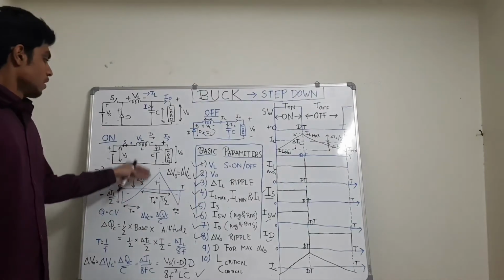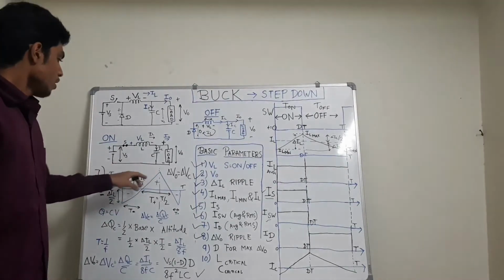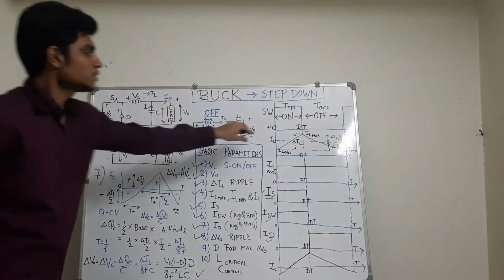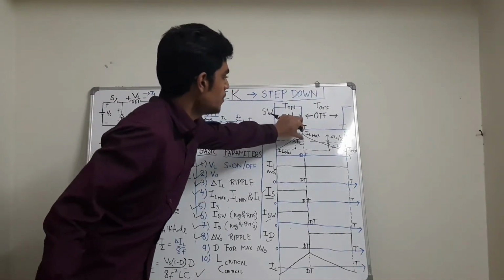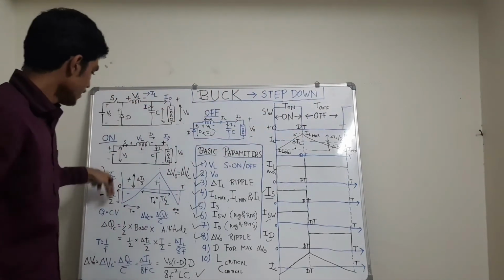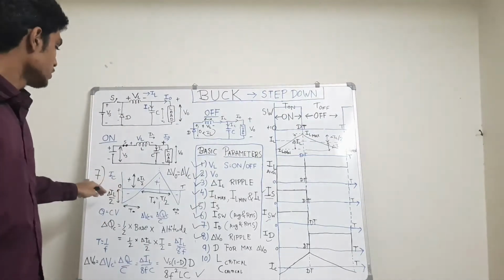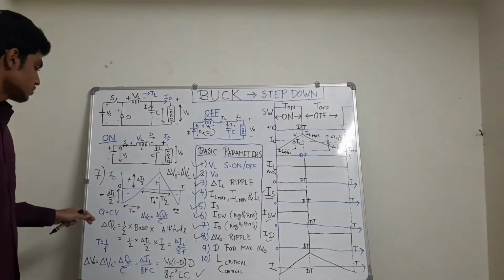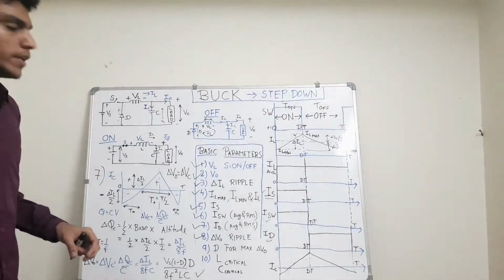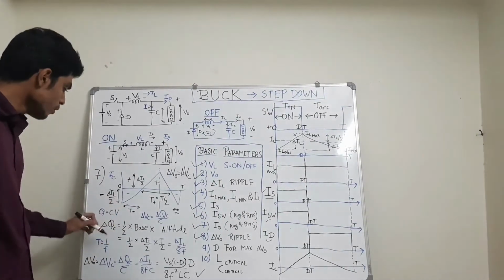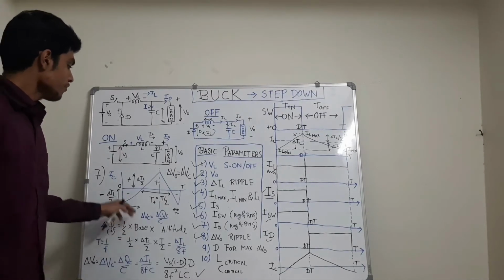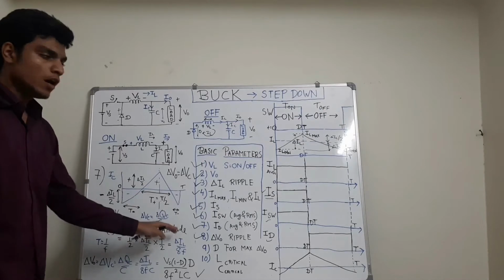And the peak during the positive cycle will be equal to del IL by 2. This part will be absorbed by the capacitor, and the negative cycle peak will also be equal to minus del IL by 2. Hence the charge gained by the capacitor during the positive half cycle, QC plus, will be equal to half into base into altitude.